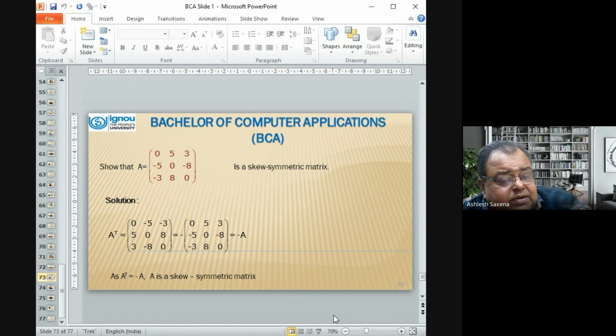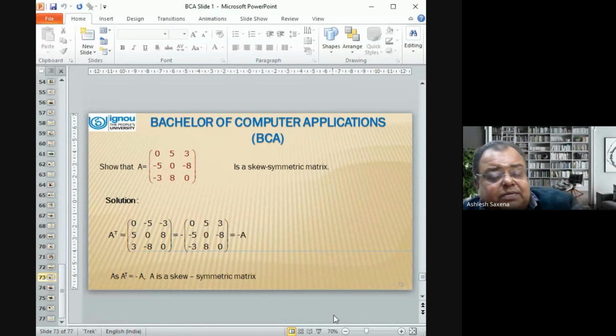See to it, transform it. The original matrix is at the top. Your transpose matrix will be 0, 5, 3, minus 5, 0, 8, and minus 3, minus 8, 0. Take minus common from all the signs.